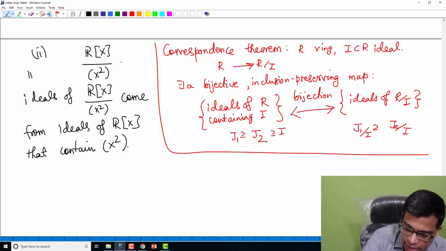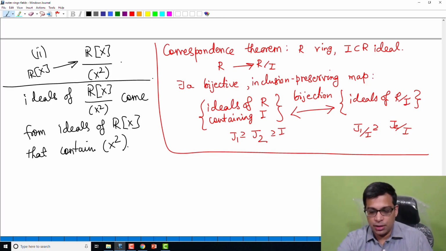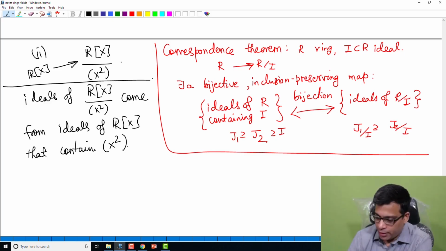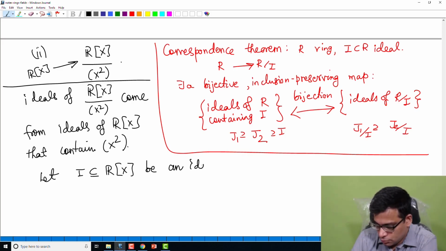So there is a map from R[x] to R[x] mod x squared, and ideals in the ring R[x] mod x squared are actually images of ideals of R[x] which contain x squared. So let I be an ideal containing x squared.